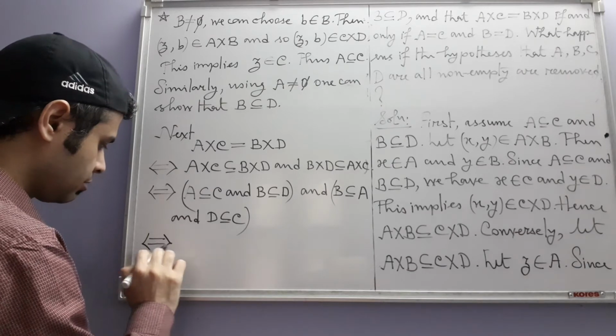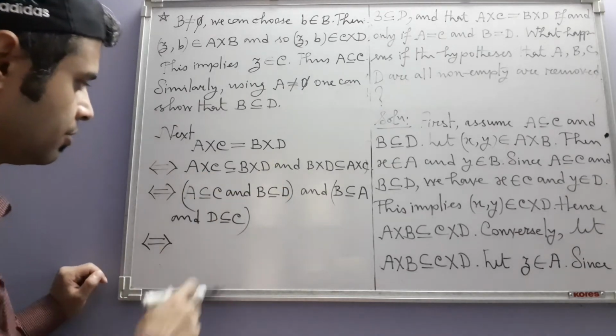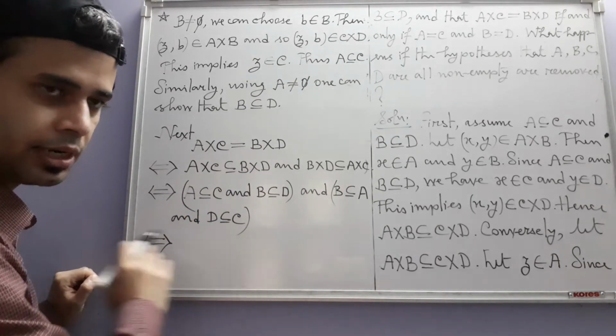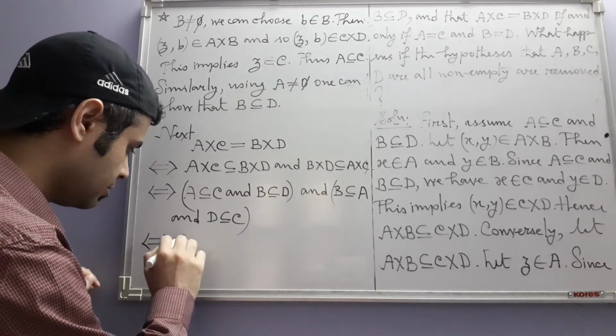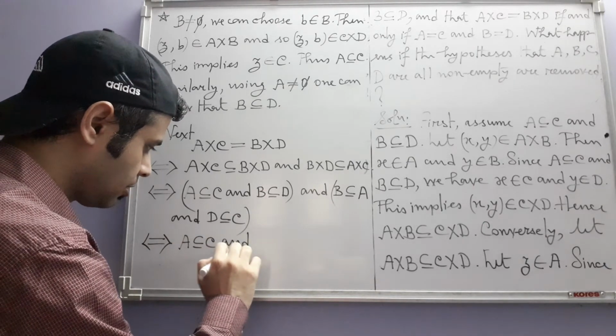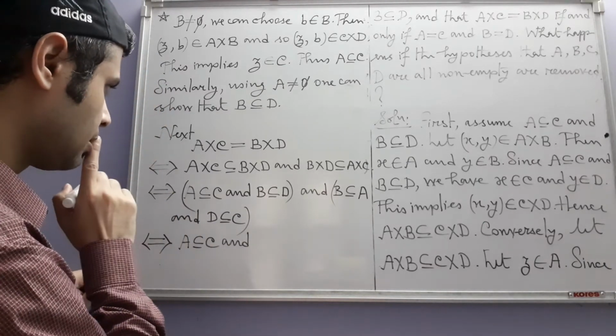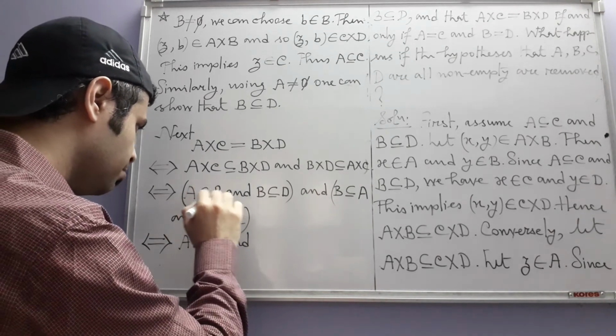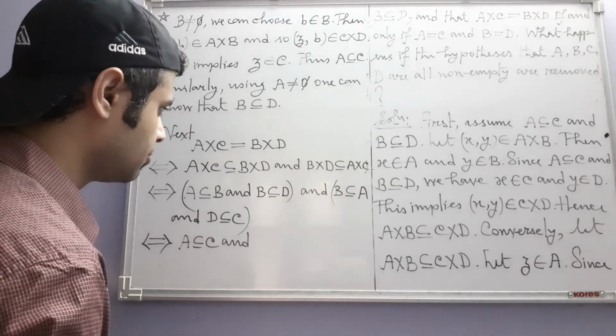And just like one exercise before, here also we have "and", so we can rearrange the simple statements within and write like this: A is a subset of C. I think I have written something wrong. Here I will have B, sorry about that.